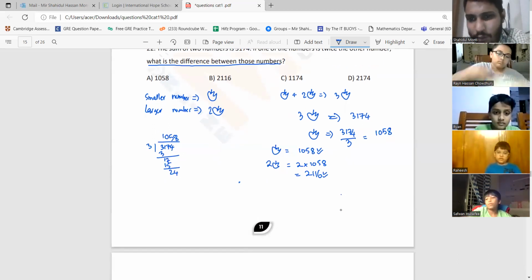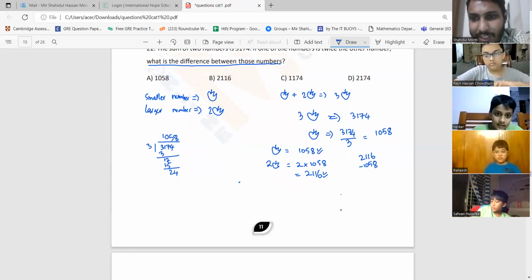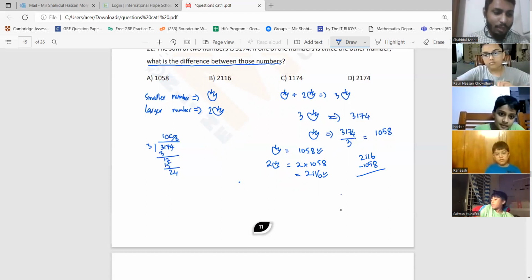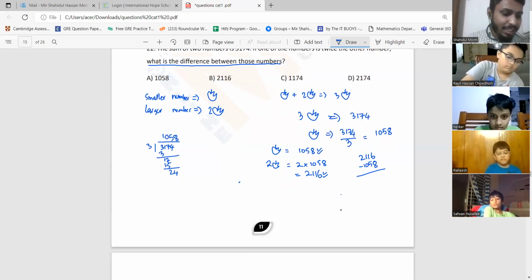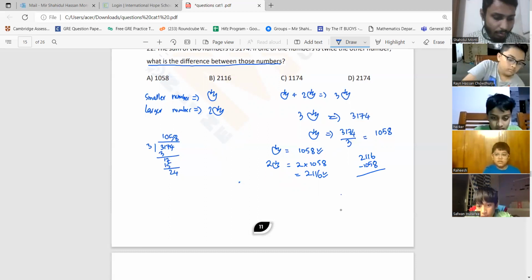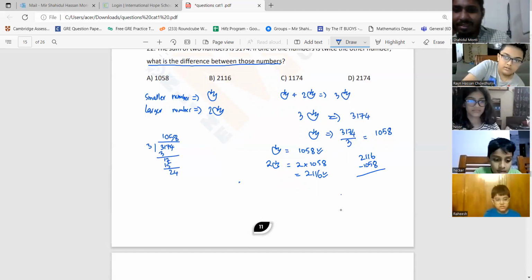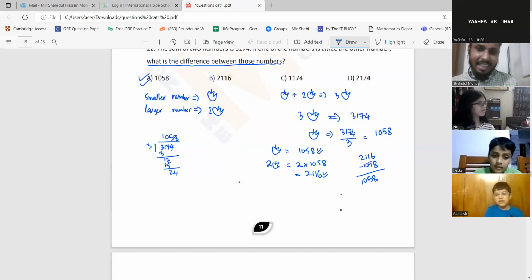So difference means we have to subtract 2116 minus 1058. Can you help me with this, students? It's going to be 1058. So the answer is A for an apple.